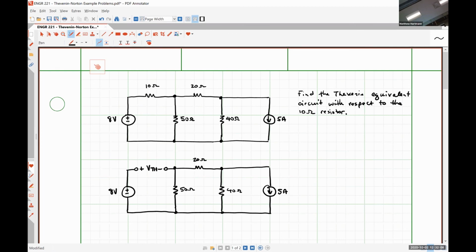By definition from Thevenin's theorem, it is the open circuit voltage across the terminals where the component of interest was. So my question to you guys is then, how can I solve for this particular voltage, V Thevenin? Anybody have any ideas?